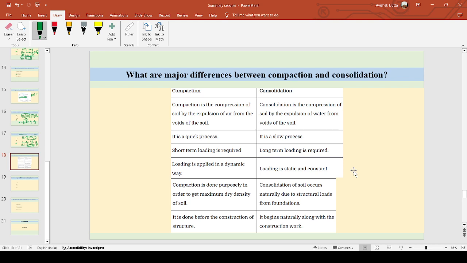In compaction, loading is dynamic because it is short-term loading, it is not fixed, since it is a quick process. Because consolidation is a slow process, a static constant load is present for a long period of time, due to which the water gets expelled out from the voids in the soil.